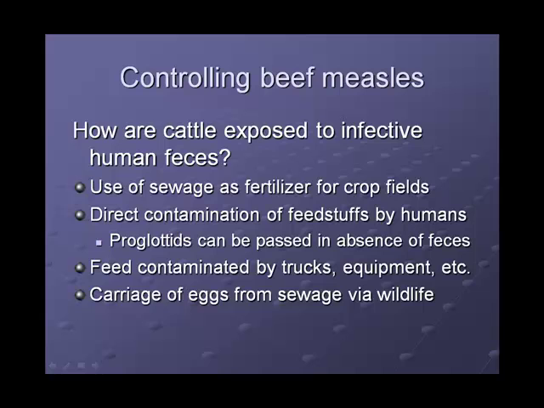There have been some assertions of outbreaks in the past where feedstuffs were being hauled in from a distant location, and once an outbreak occurred, it was asserted that these same trucks hauling our feedstuffs had been used to haul human sewage at some point in the past and hadn't been cleaned adequately between handling that product and handling the feedstuff.